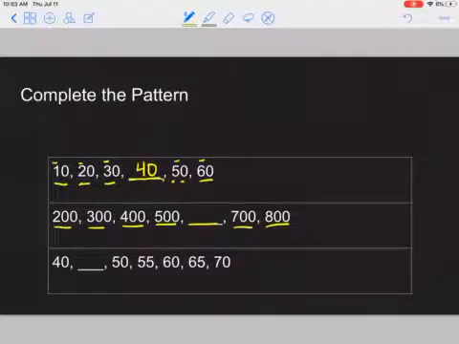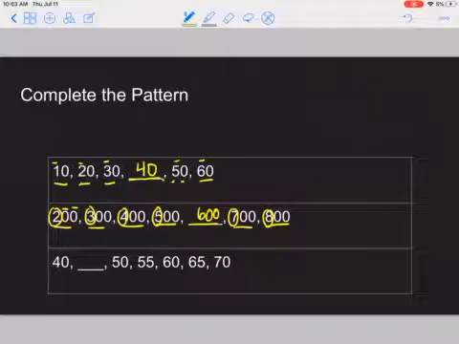We're making a jump of 100 because our ones place is 0, our tens place is 0, and my hundreds place is getting bigger by 1, which means it's getting bigger by 100. So I have 200, 300, 400, 500. We're going to have 600 here. We're looking at our patterns, thinking about our number lines, and figuring out how many we've jumped to get to the next number.